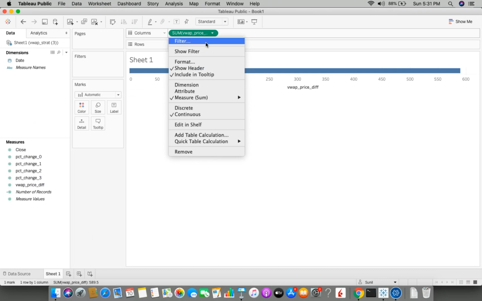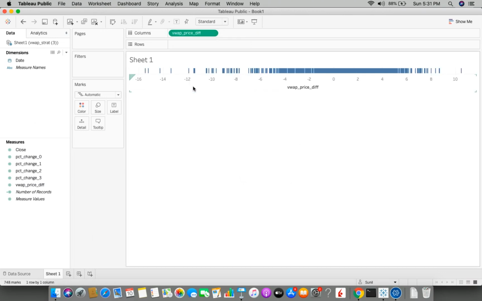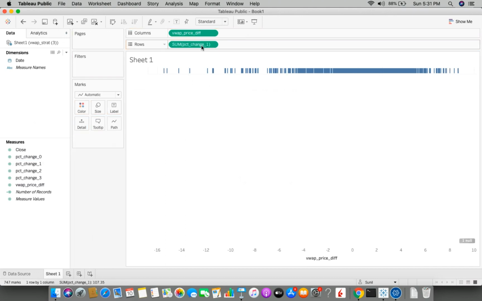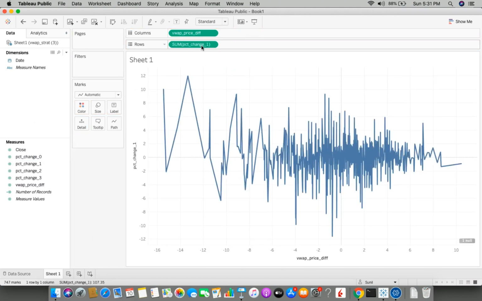It is summing it by itself, but I'm not interested in summing it up, so I will convert this into a dimension. Let us say I would have taken the position today based on VWAP price difference. Then what will be the percentage change tomorrow?